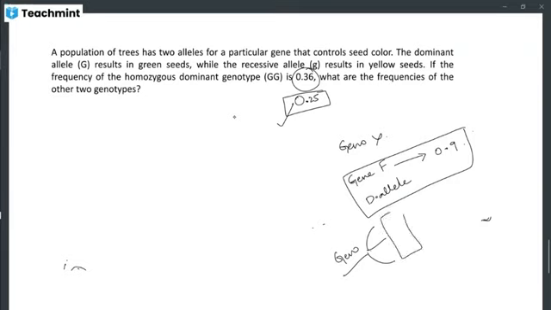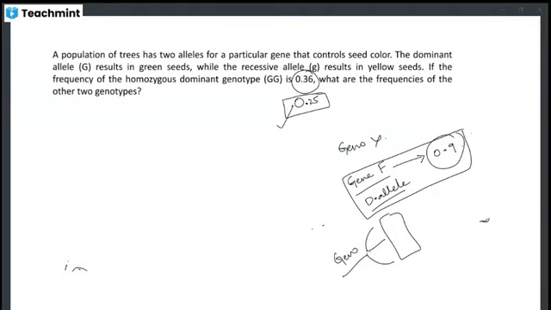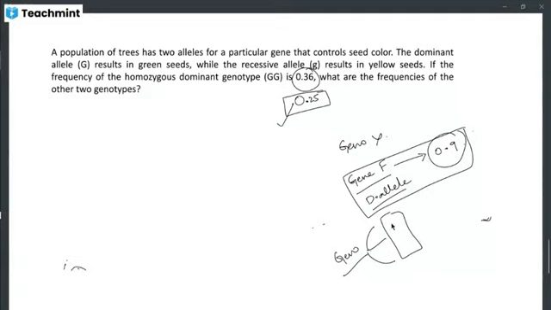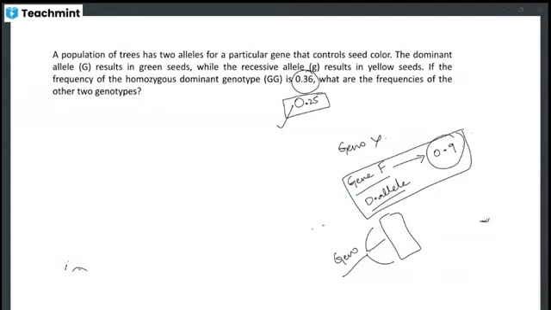What would be the three genotypic frequencies if the gene frequency of your dominant allele is 0.9? Someone answered: 0.81, 0.18, and 0.01.